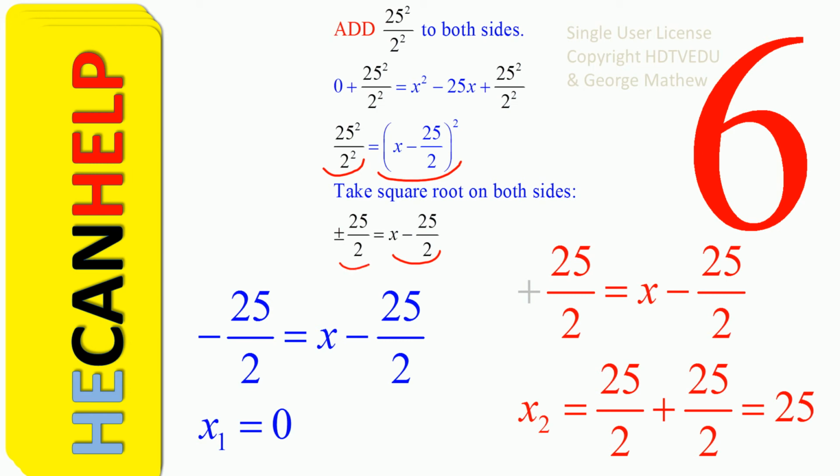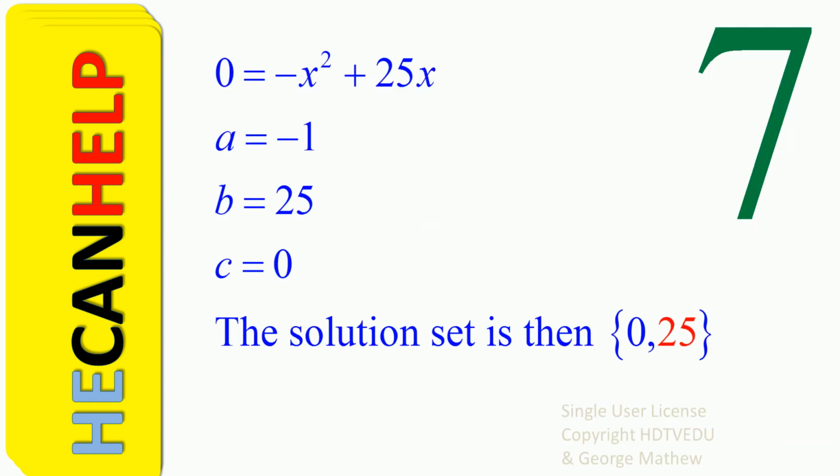So we get plus 25 over 2 and minus 25 over 2. Let's go into blue and red. Go with negative 25 over 2 equals x minus 25 over 2. From that, we get x1 is equal to 0. 25 over 2 plus 25 over 2 equal to x minus 25 over 2. Add 25 over 2 to both sides and we get 25. So what is our solution set?